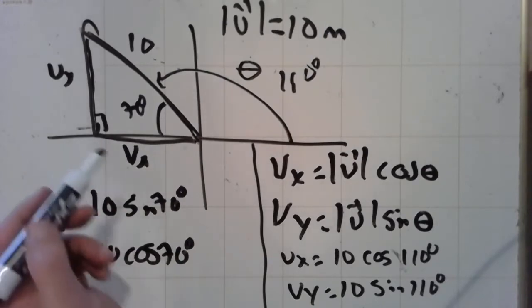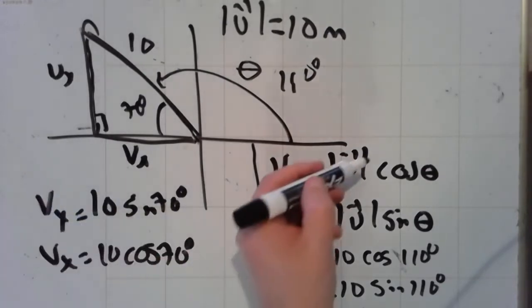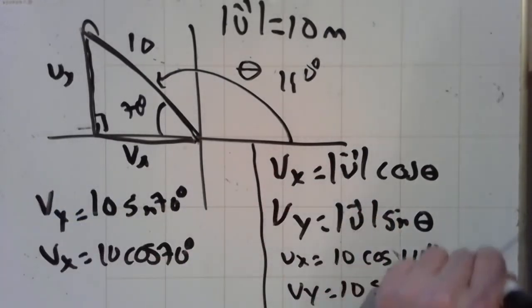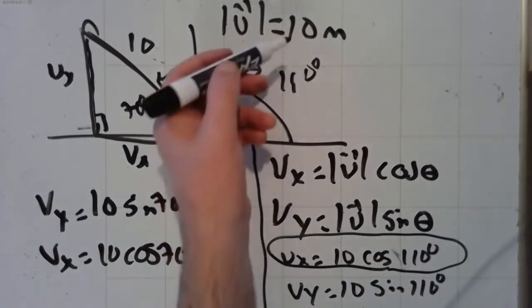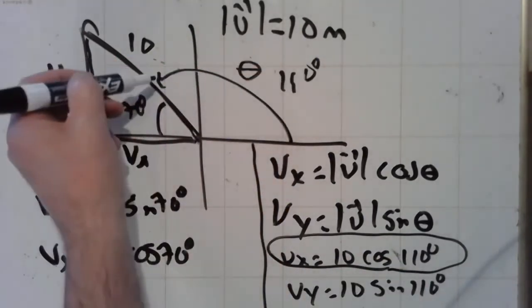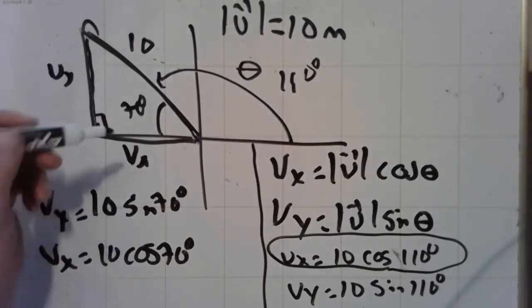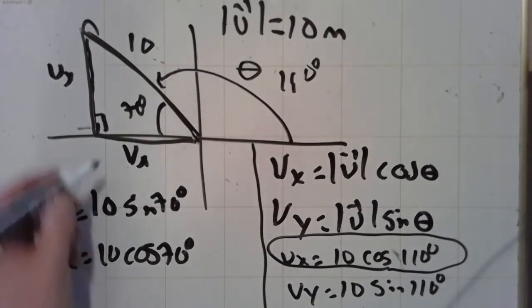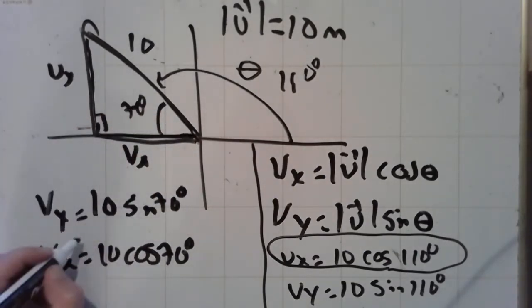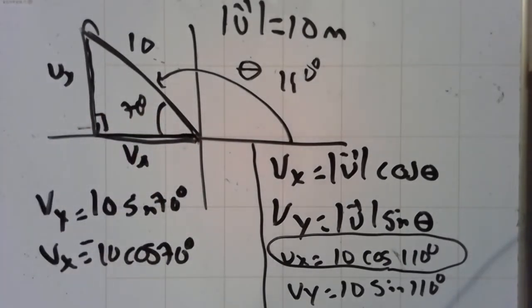That x is clearly negative. If I use the formulas with the big angle, the negative pops out for me. I don't have to worry about it. I just had to go through the trouble of finding this angle. If I do it this way, the negative doesn't pop out for me. I have to find the negative. I have to see it and go, oh, that's a negative, and put it in myself. So you just got to be a little careful there.